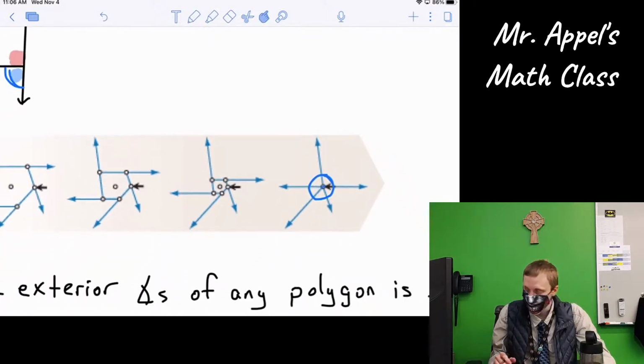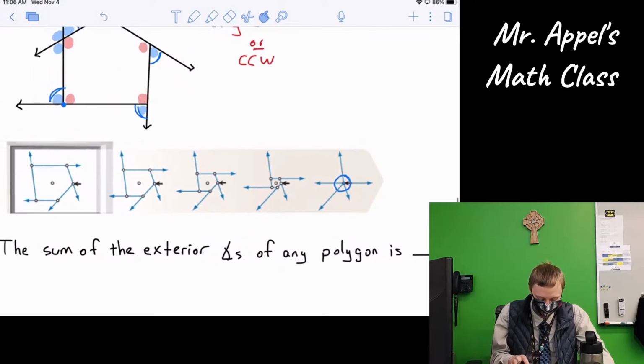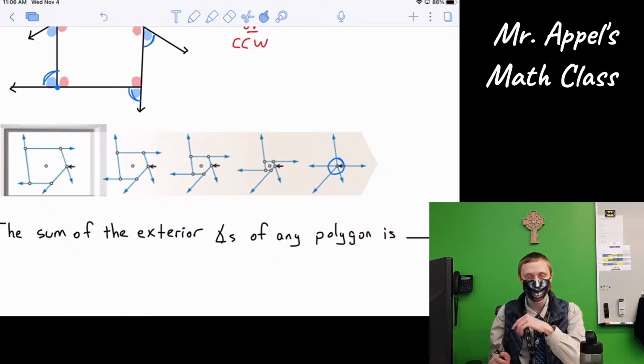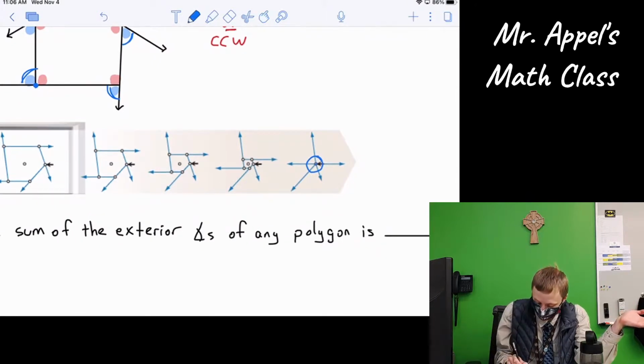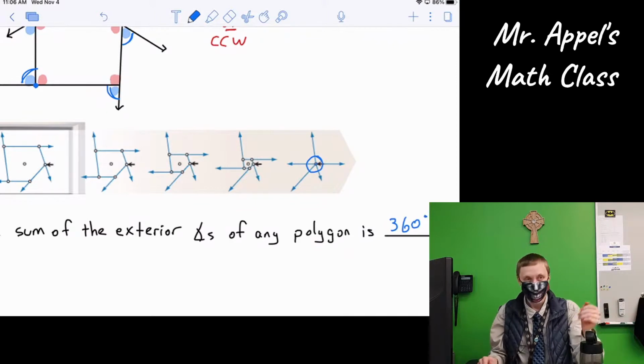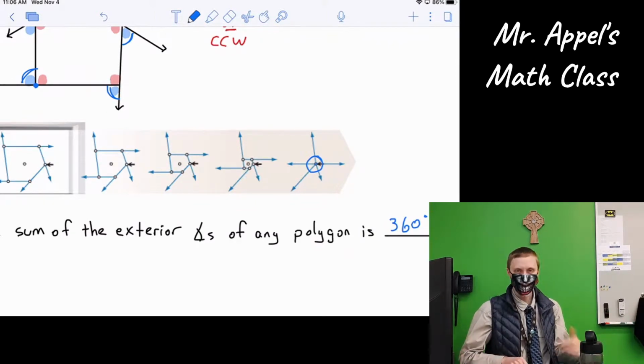So no matter the size, no matter if it's regular or irregular, the sum of the exterior angles on any polygon will always be 360 degrees. That's pretty nifty, especially when you compare it to before.